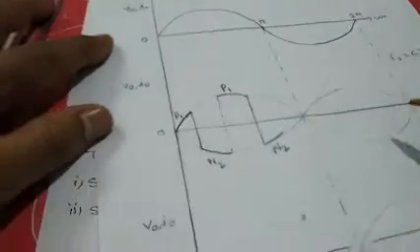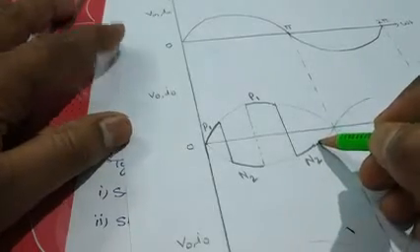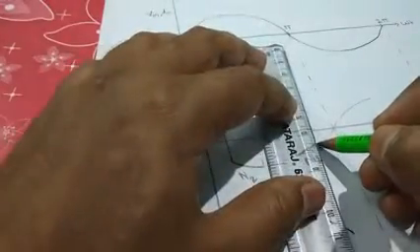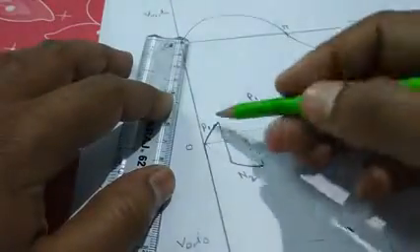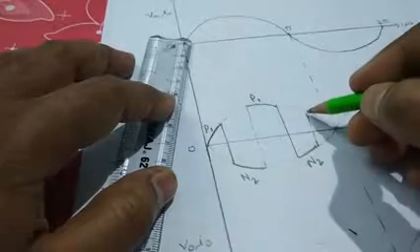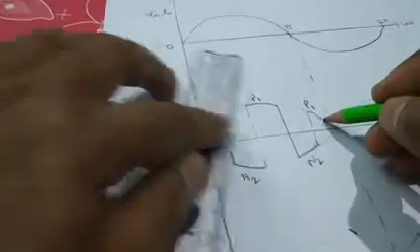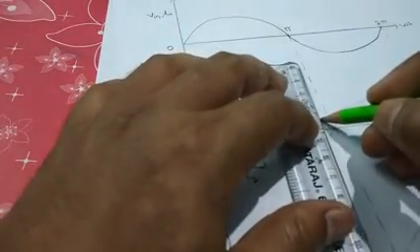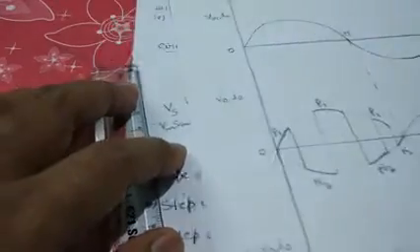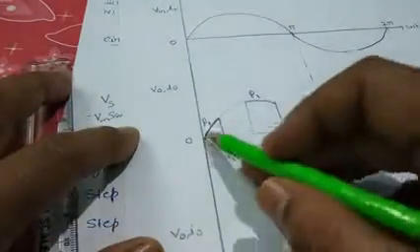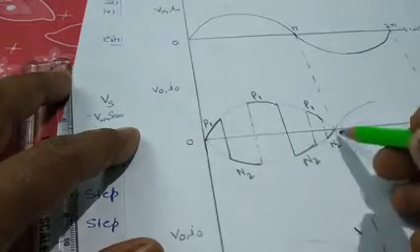So we will again forcefully commutate N2 here, and this is one complete cycle, this is the second cycle. Again we trigger P1, and P1 will be forcefully commutated, and again N2 will be turned on. So this is one complete cycle, this is a second cycle, and this is the third cycle.